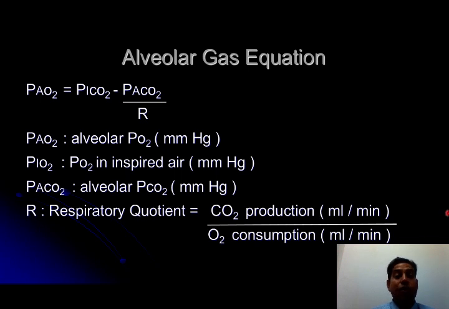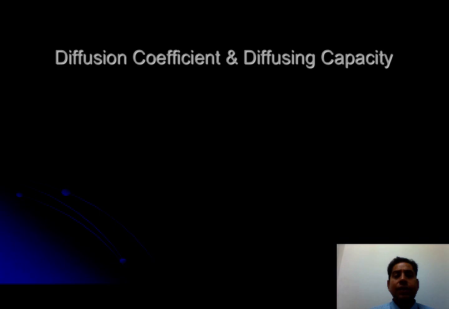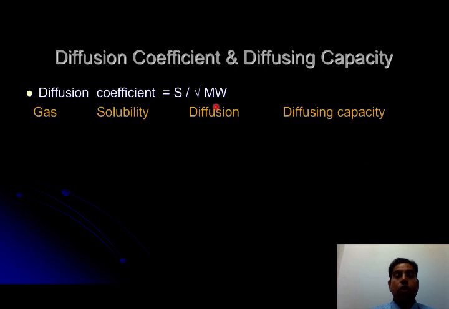Now we all know the respiratory quotient for carbohydrates is 1. So this tells us something about the internal combustion. Then we move on to the diffusion coefficients and the diffusion capacities. The diffusion coefficient, as we saw, is directly proportional to the solubility and inversely proportional to the molecular weight.